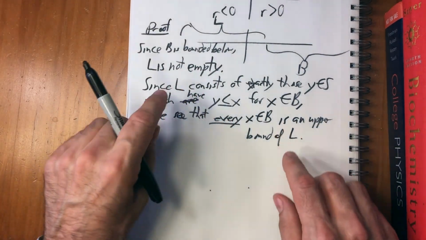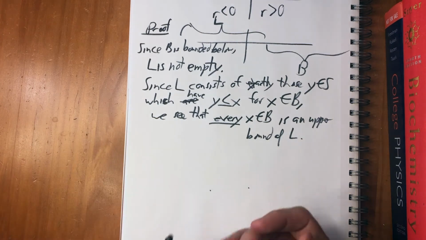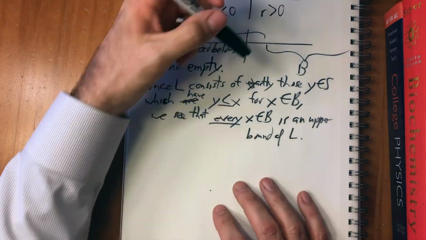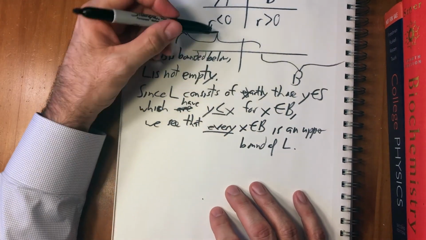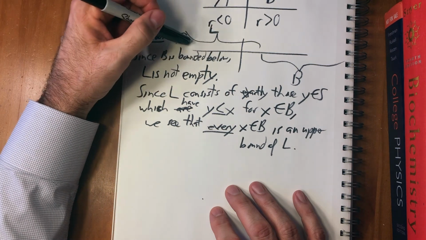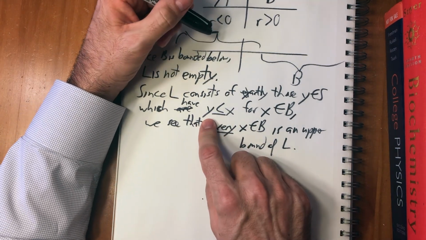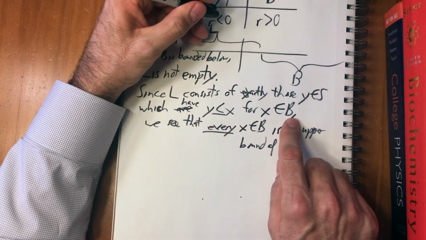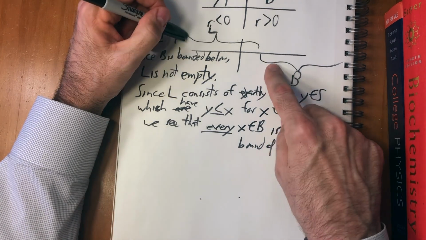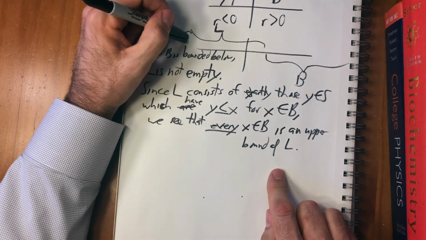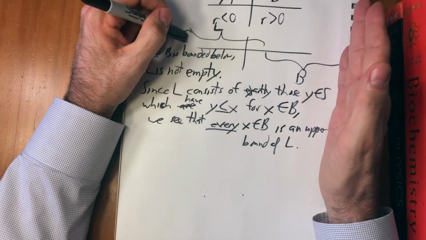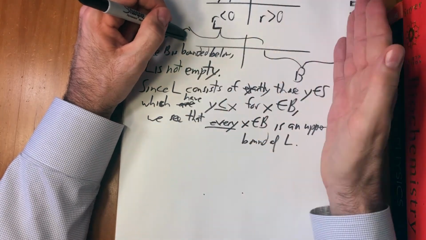So we see that if that's the case, then the opposite is true too. That means that if L is all of the y's that are less than everything in B, then what we're saying is that everything in B is an upper bound of L, right? Because everything here is greater than everything here. So all of these are an upper bound.